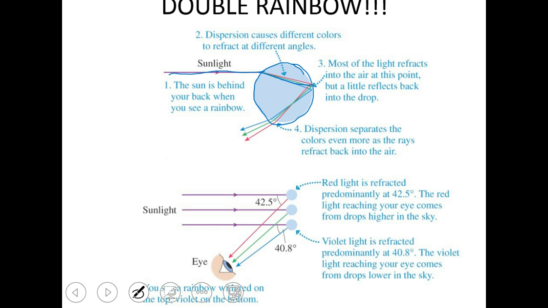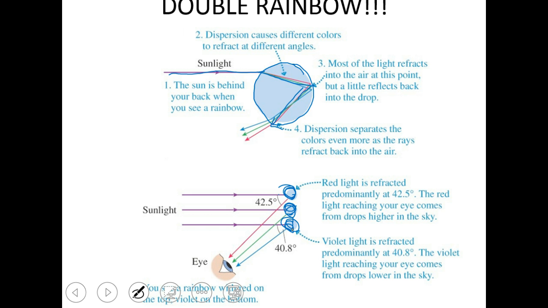So light gets reflected from this inside surface, and it comes out as Roy G. Biv, right? What you see is red coming from the rainbow's high up in the clouds, and then green, the middle of the spectrum, from the ones a little bit lower, and then blue from the ones that are even a little bit lower.